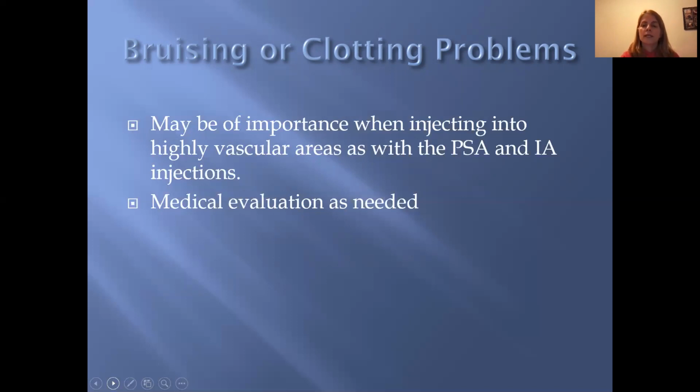So for the PSA, where the pterygoid plexus is located, we would want to use our landmarks and make sure that we're aspirating three different times and make sure we're at a 45-degree angle to the mid-sagittal plane, 45-degree angle to the occlusal plane, and make sure our technique is as good as it can be to avoid the pterygoid plexus and to avoid any intravascular injection. So aspiration is very important.